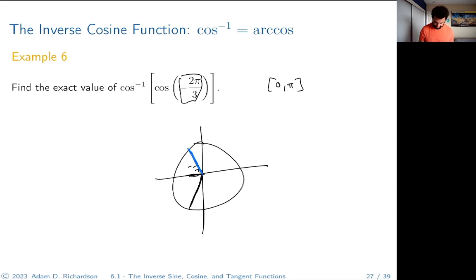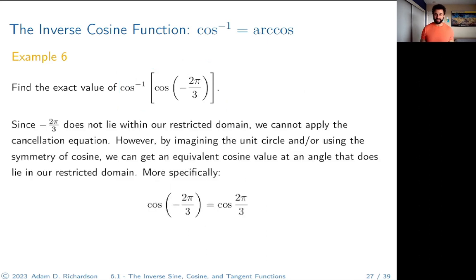Instead of going down this way, we have to go up this way, because we restricted cosine to the upper half of the unit circle. This angle is actually 2 pi over 3. So the exact value of arc cosine of cosine of negative 2 pi over 3 is actually 2 pi over 3, positive.